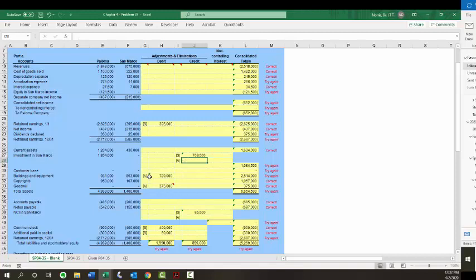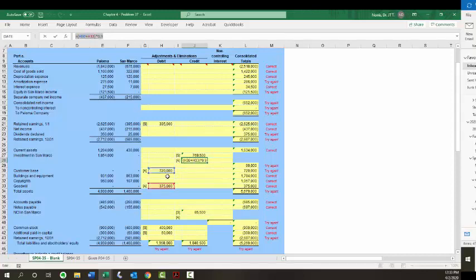Let's just fix it now. I had that in the wrong row. I had it in buildings. Okay, once again, the customer base plus the goodwill times 90%.